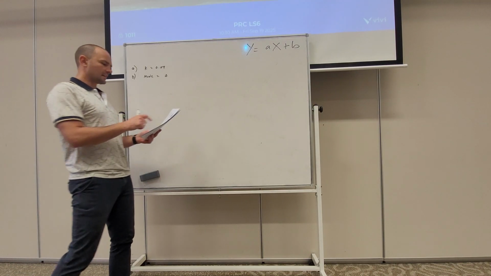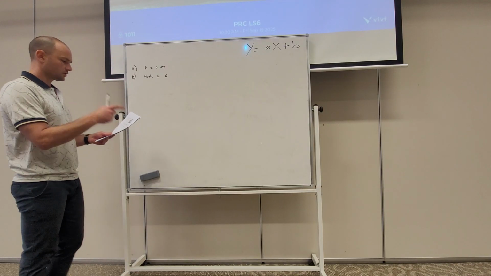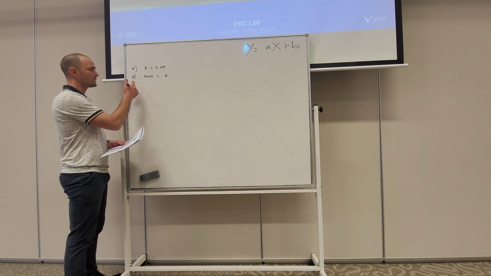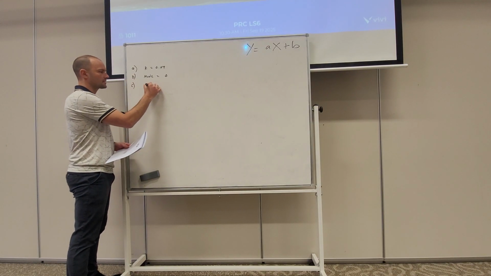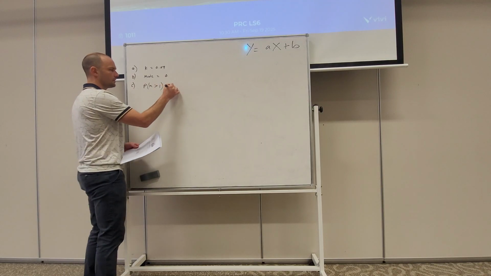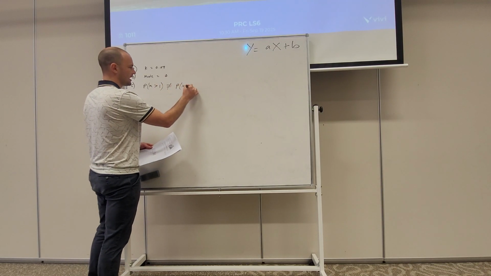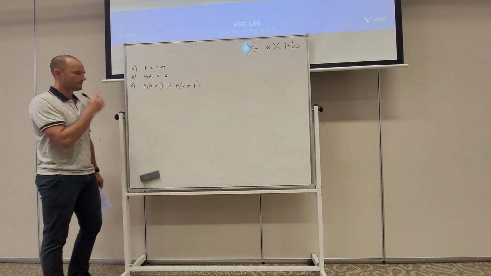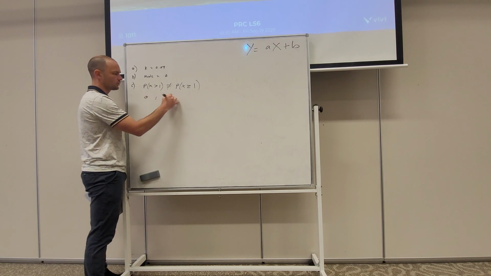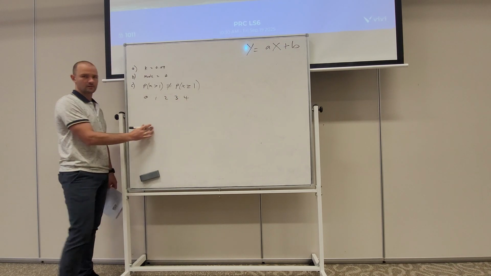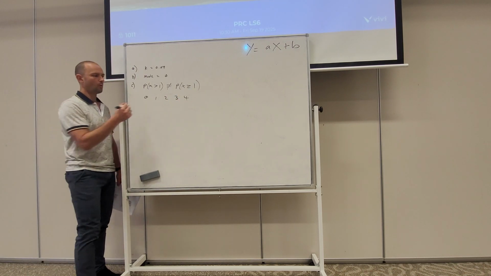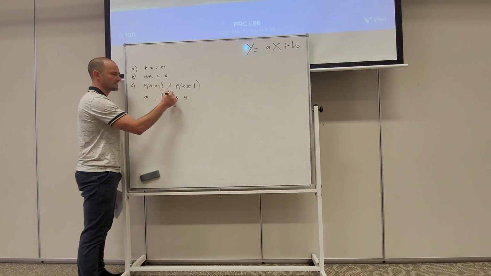Find the probability of x being larger than 1 and interpret. So now this is where x being larger than 1 is not the same as x being larger than or equal to 1. All right, if you think we can have 0, 1, 2, 3, or 4 tyres replaced on a car, and it's saying more than 1, it means these events here, right?